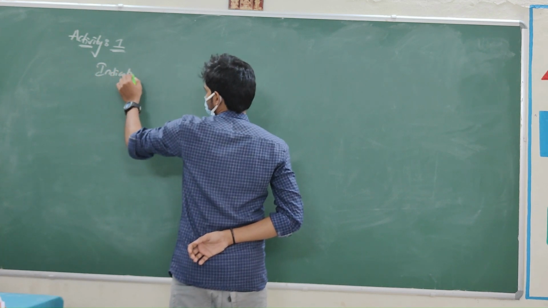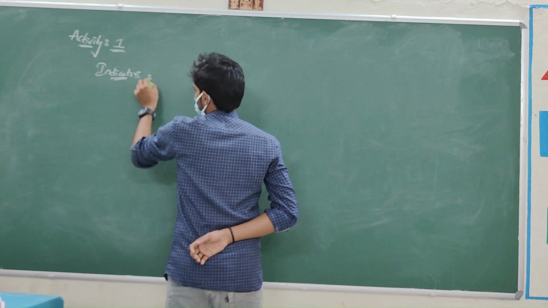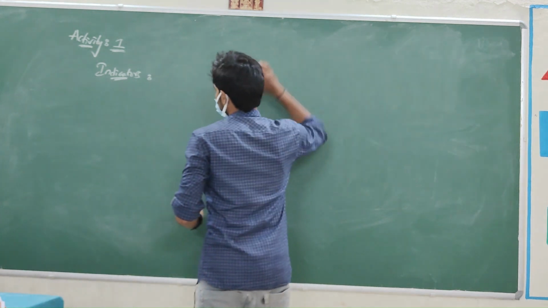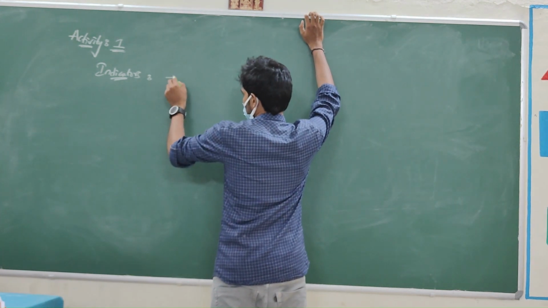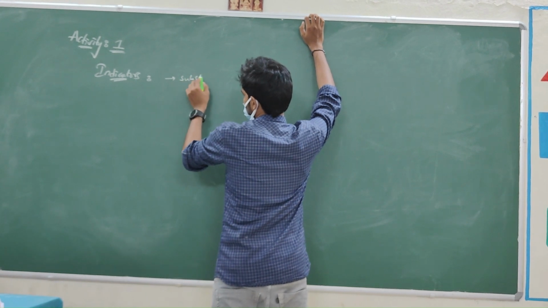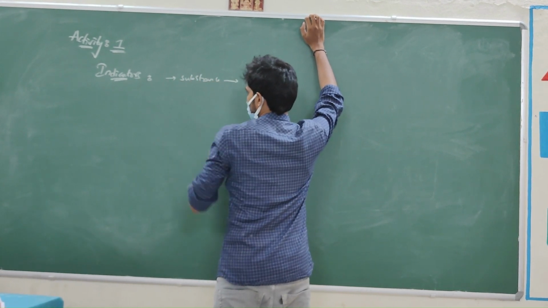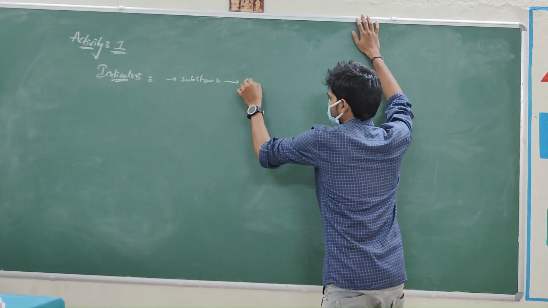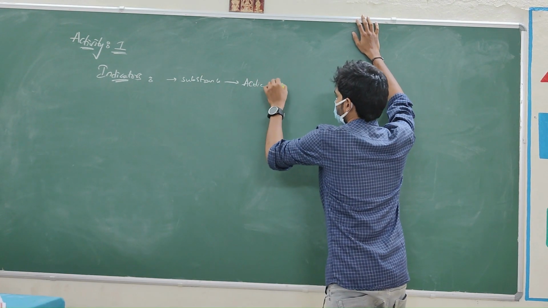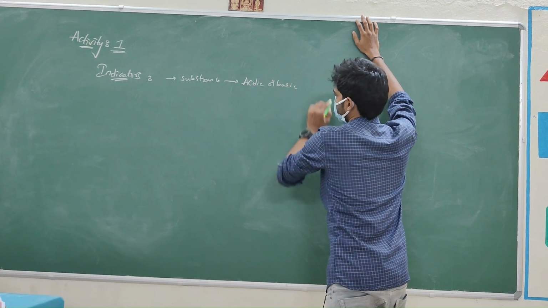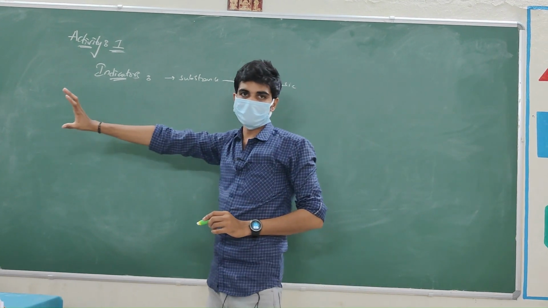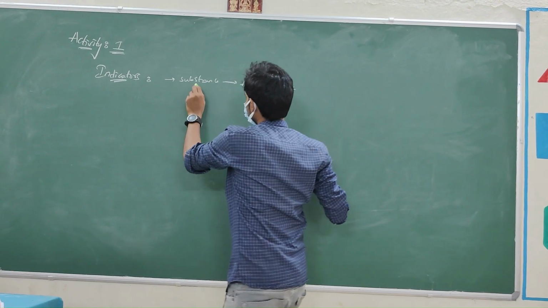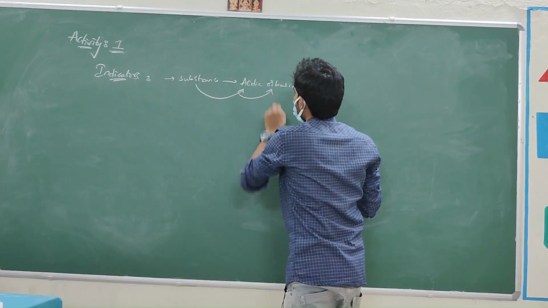We just discussed these indicators before. What is an indicator? An indicator is a substance by using which we can say whether a substance is acidic or basic.